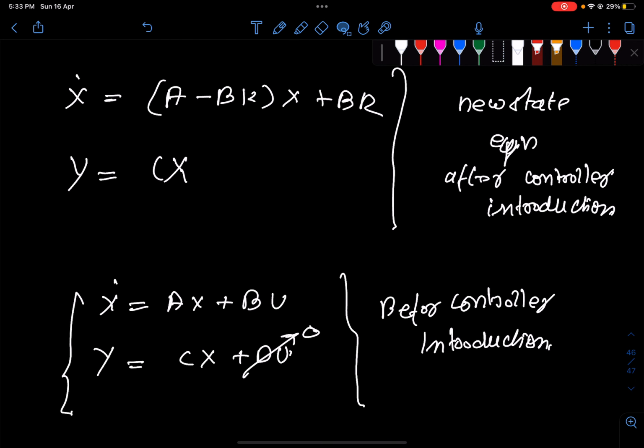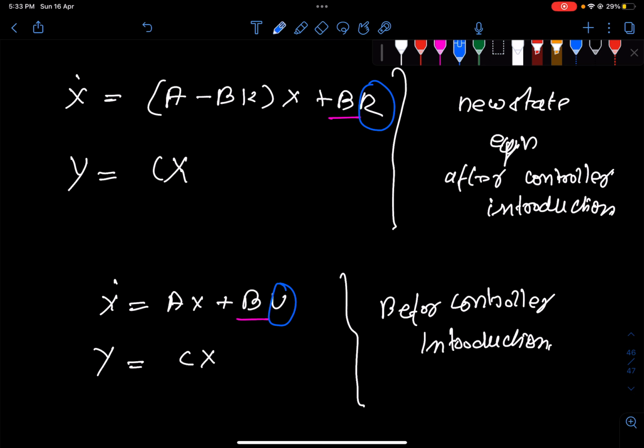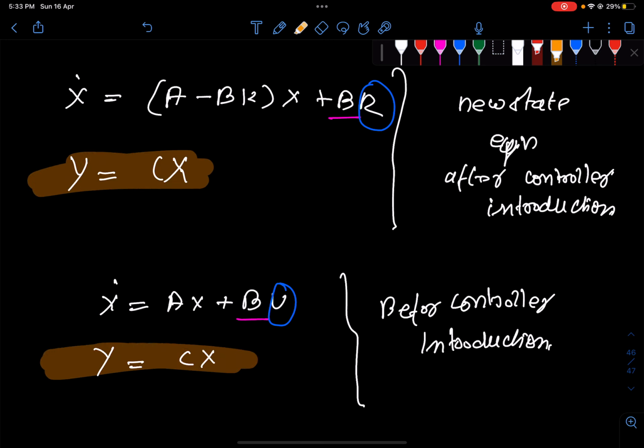Can you guys observe what happened here? The B variable remains as b. Instead of u, we now have the input as r. There is no change for this equation, right? That is the same, and the B matrix is also the same. Instead, the input is changed.